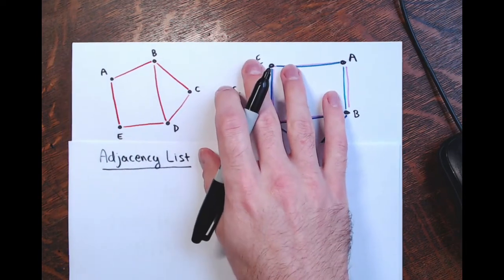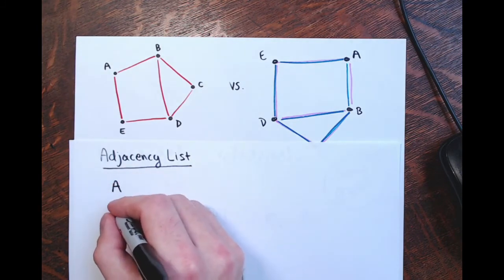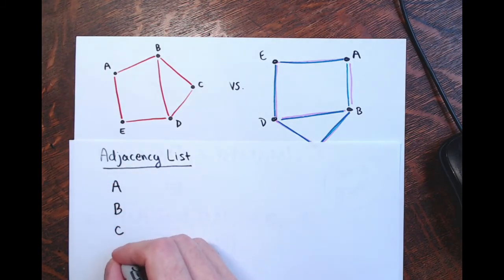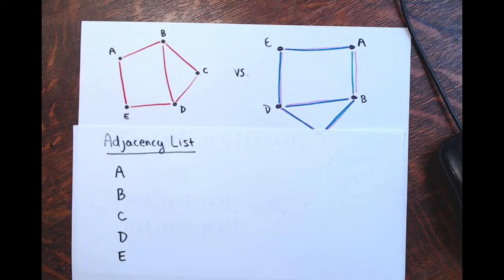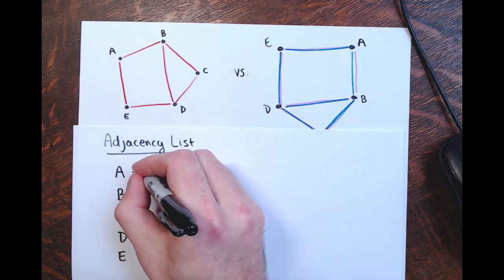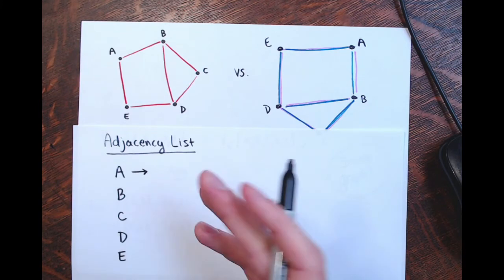So I list the vertices. So here's A, B, C, D, and E. And they put them in little boxes. I'm not going to put them in boxes, okay? And then there are these arrows. And next to it is just a list of all the vertices, usually in some sort of order.